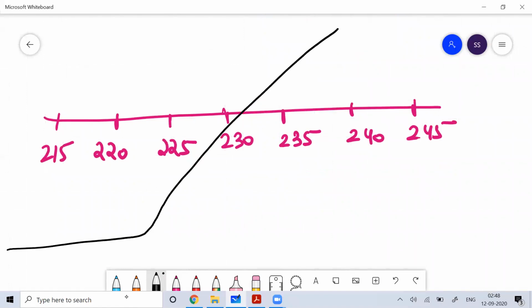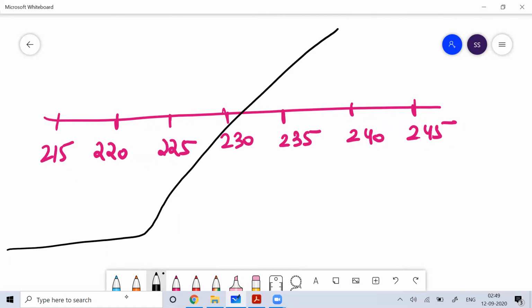Suppose this is the payoff, and P1 is the premium you paid. As I told you in the beginning and in the last class also, whenever the option contract starts, the long position holder pays the premium to the short position holder. Whatever premium the long position holder pays to the short position holder is the maximum loss the long position holder can get.